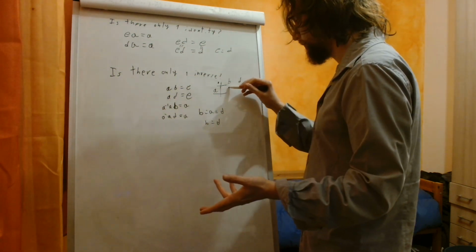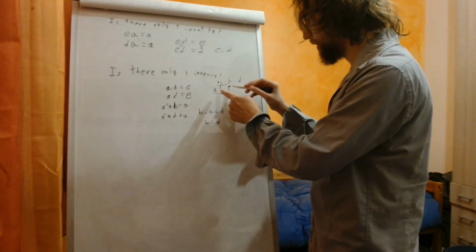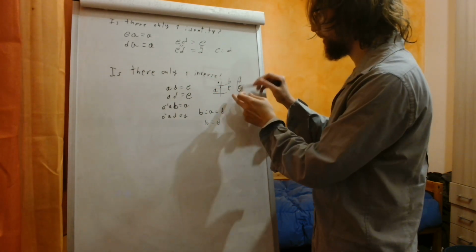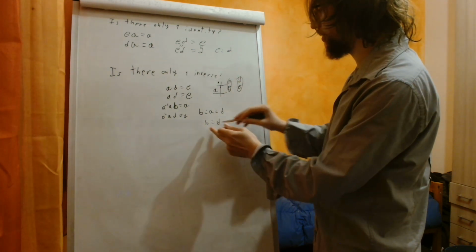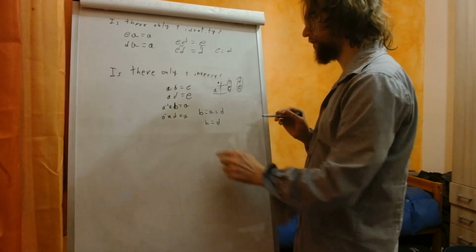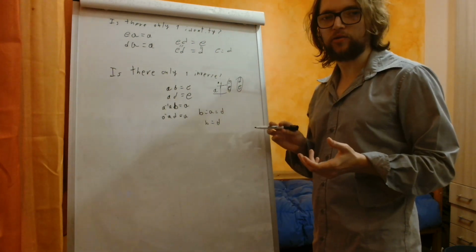So if you have A times B equals E and A times D equals E, they must be in the same column, so B must be equal to D. You can also see this with the operations which we did before. So inverses are also unique.